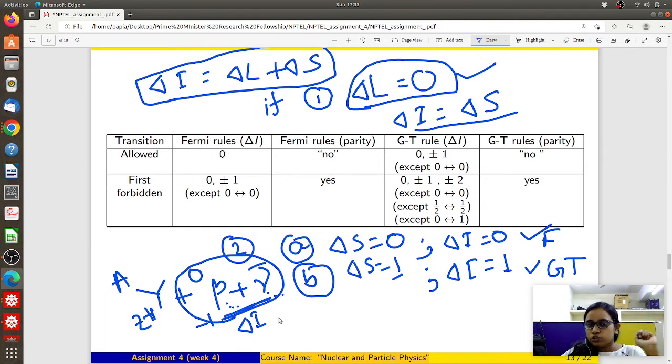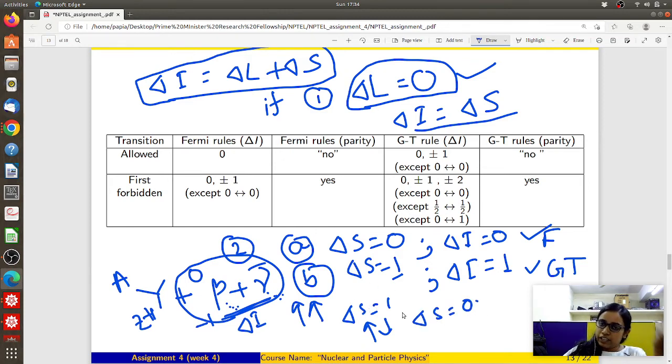So in that allowed transition, obviously there should be two conditions. One will be delta S equals 0 and the other should be delta S equals 1. Why? Because these two are spin half particles.